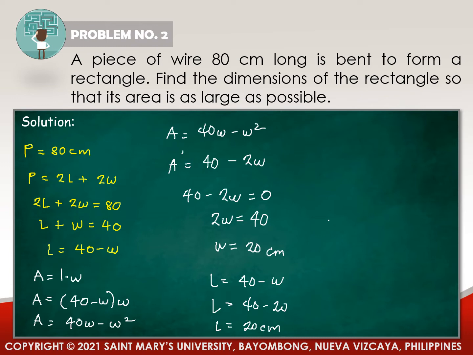So therefore, our answer is the dimension of the rectangle that will give the largest possible area is 20 centimeters by 20 centimeters. This means that the rectangle that will be formed is a square, since in geometry, we know that a square is also a rectangle.